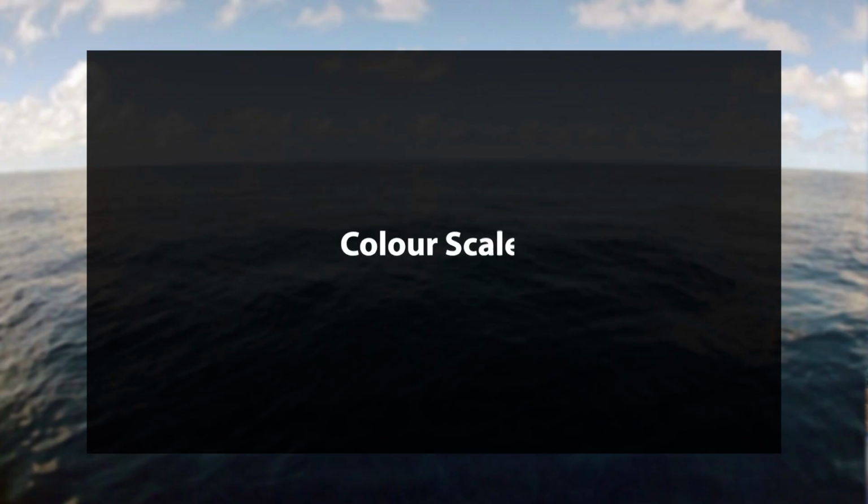Bathymetry relies on measurements of water depth, traditionally called soundings. Many soundings are combined to construct detailed maps of the sea floor. These bathymetric maps commonly use two key tools for visual representation. The first one is color scales.